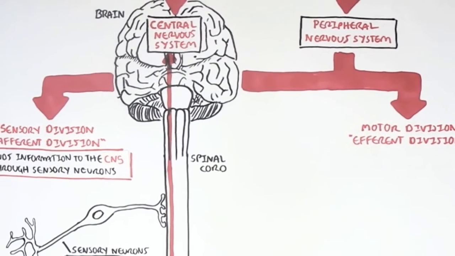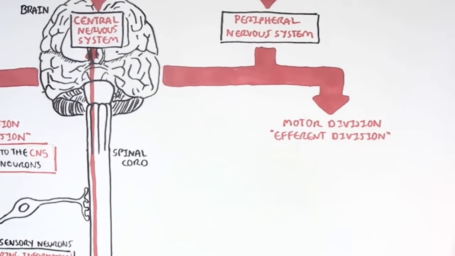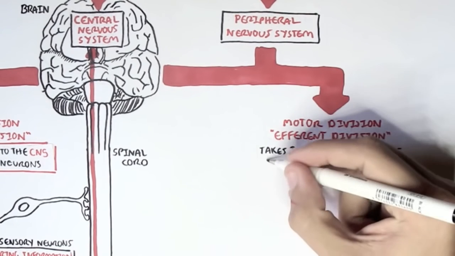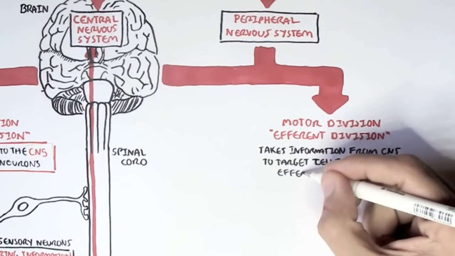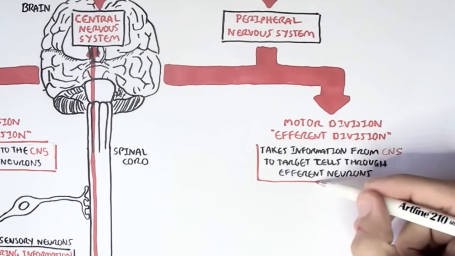The actual response is part of the motor division, or the efferent division, of the peripheral nervous system. This is where it takes the information, the signal, from the central nervous system, so from the brain or spinal cord, and sends it to a target cell through efferent neurons.